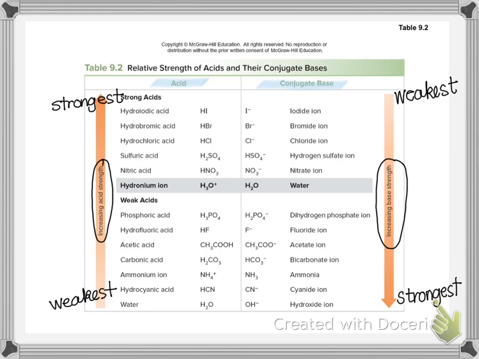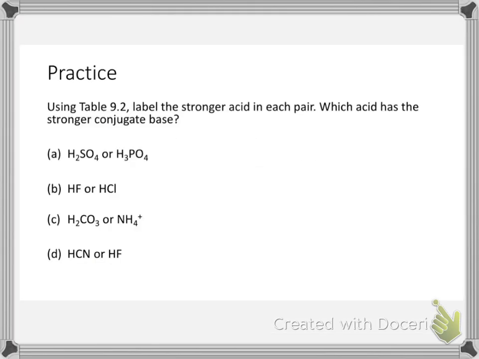So now I have a question, and I will have to go back and forth between the slides because we're going to need this table to answer our question. So this says, using table 9.2, which you'll be given, label the stronger acid in each pair. Then it says, which acid has a stronger conjugate base? Okay, so first let's find a stronger acid.